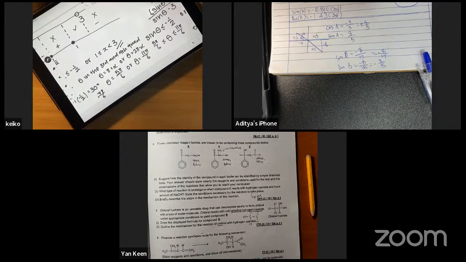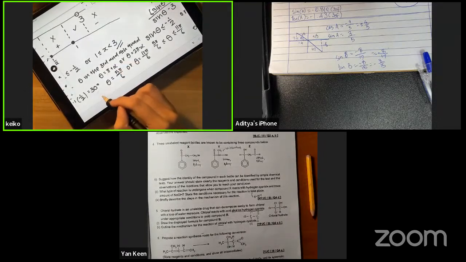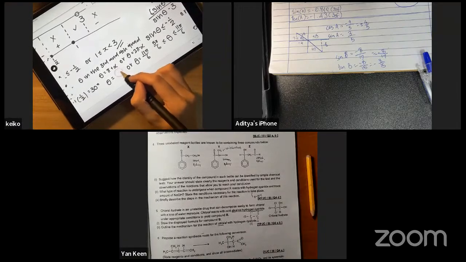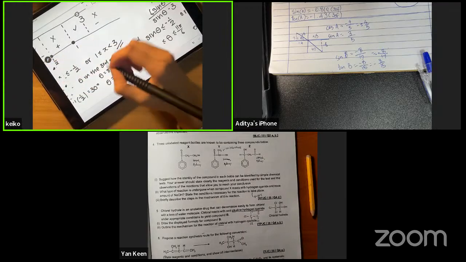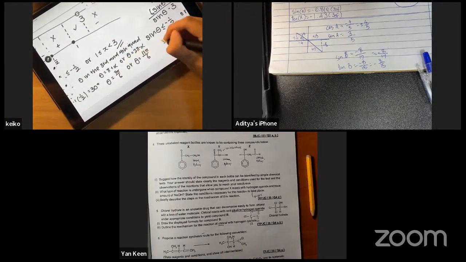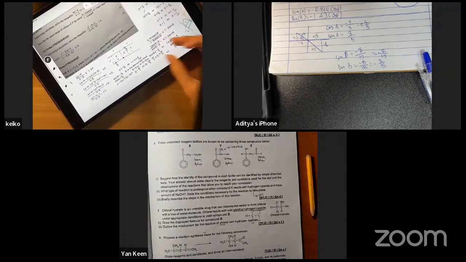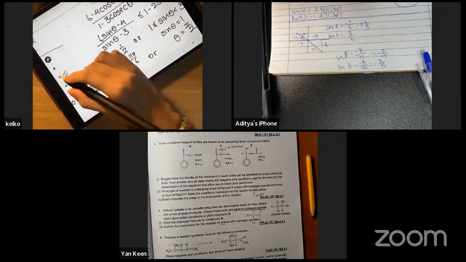It's 7 over 6. Oh, correct. Sorry. Makes sense, huh? This is just the O-level side. Okay, good. I would tend to agree with you, Yankeen. I'm guessing that's it. Besides, the ending is aldehyde.